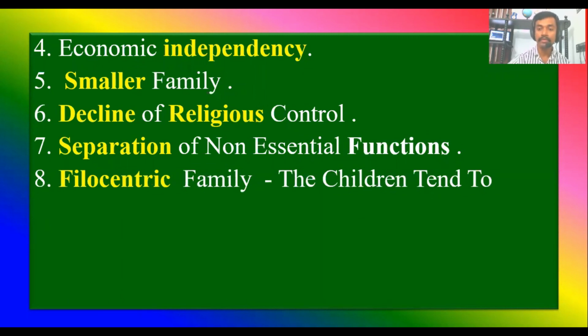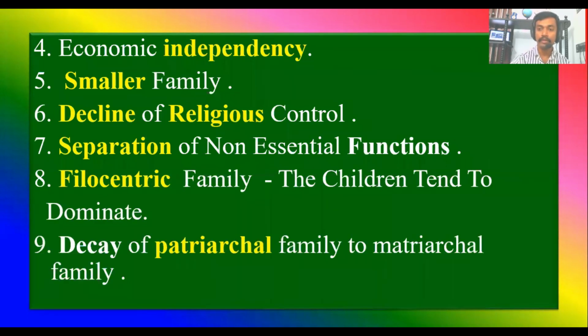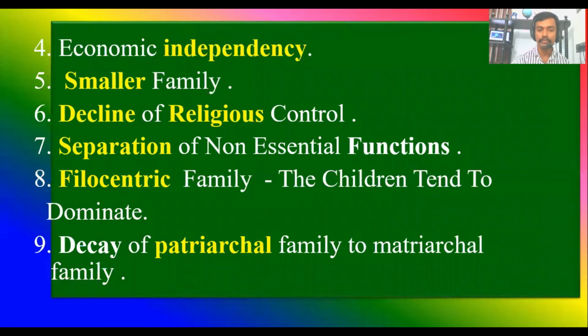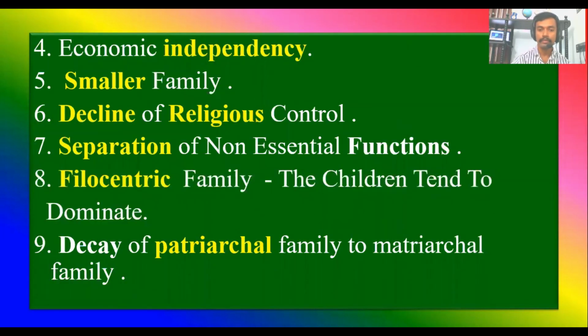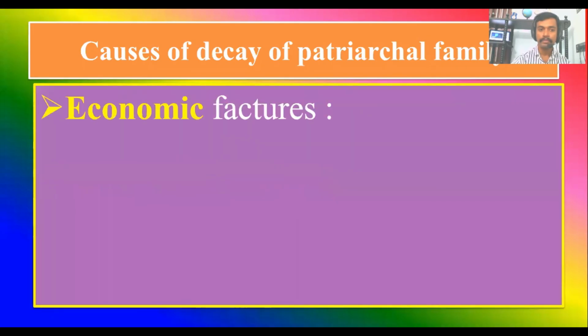Modern families are child-dominated families. And decay of patriarchal family. Patriarchal means a men-dominated family, into a matriarchal, woman-dominated family. Then causes of decay of patriarchal family we will learn next class.